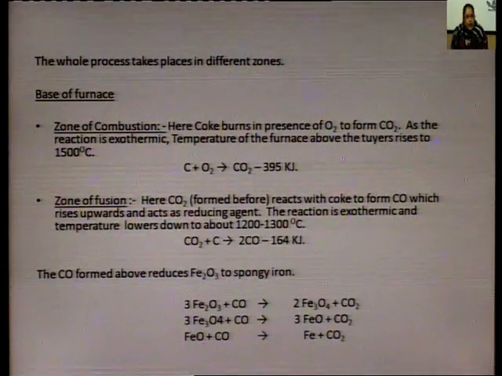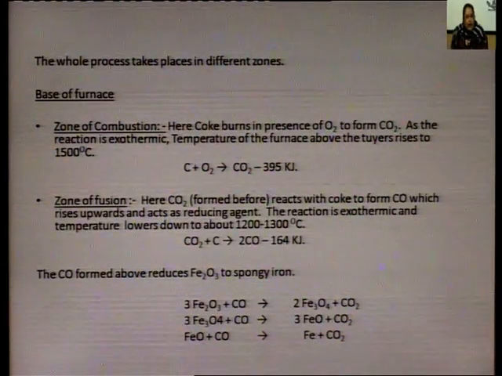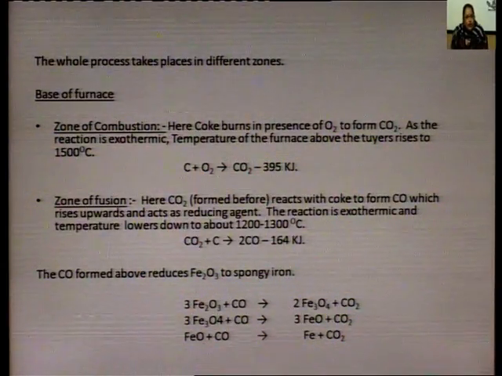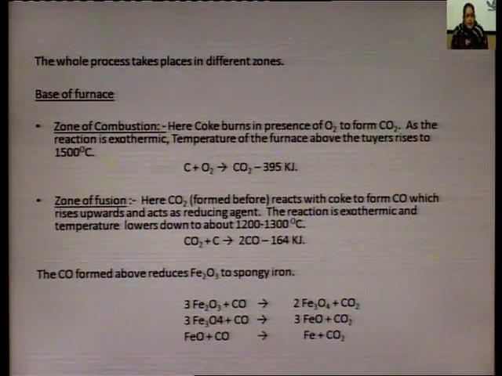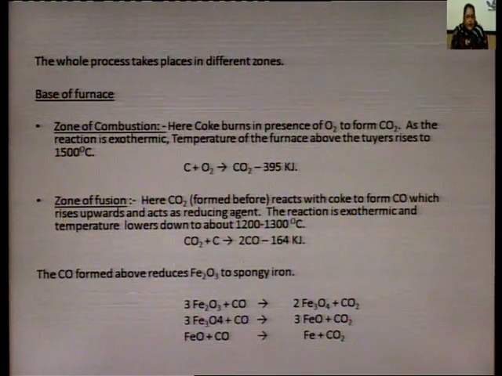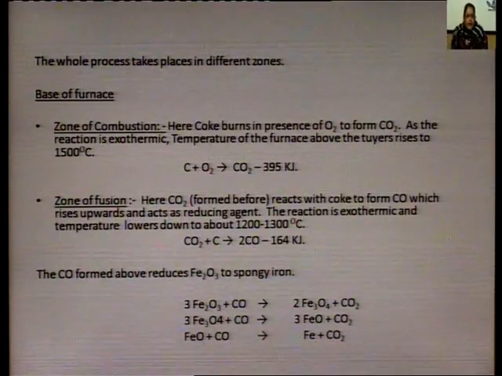So, in this way we have converted the hematite ore into iron, that is the cast iron or the pig iron.